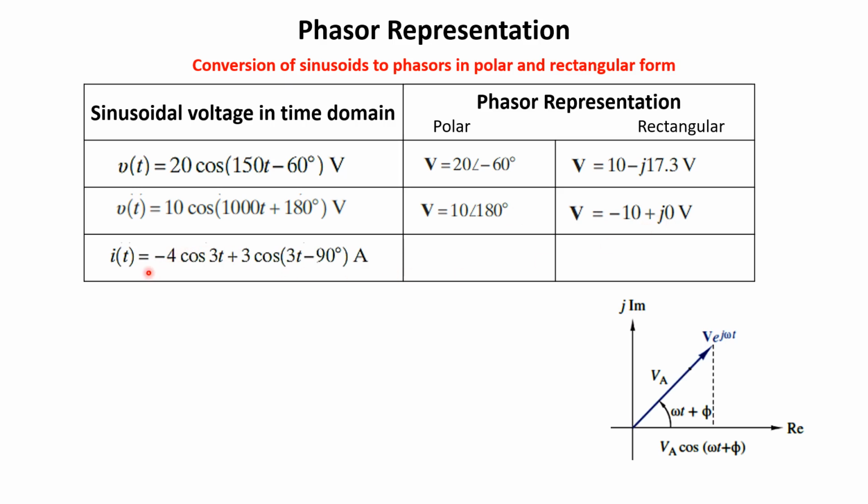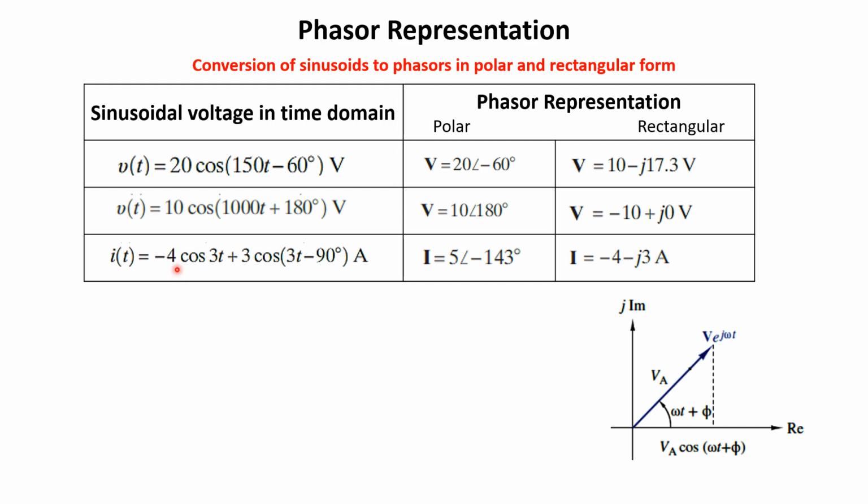And similarly, a current may be expressed as a sum of two parts. So this may be I1, this may be I2. So how we represent it in phasors, in polar form and in rectangular form, I hope you should be able to proceed further. So we express this in phasor form.